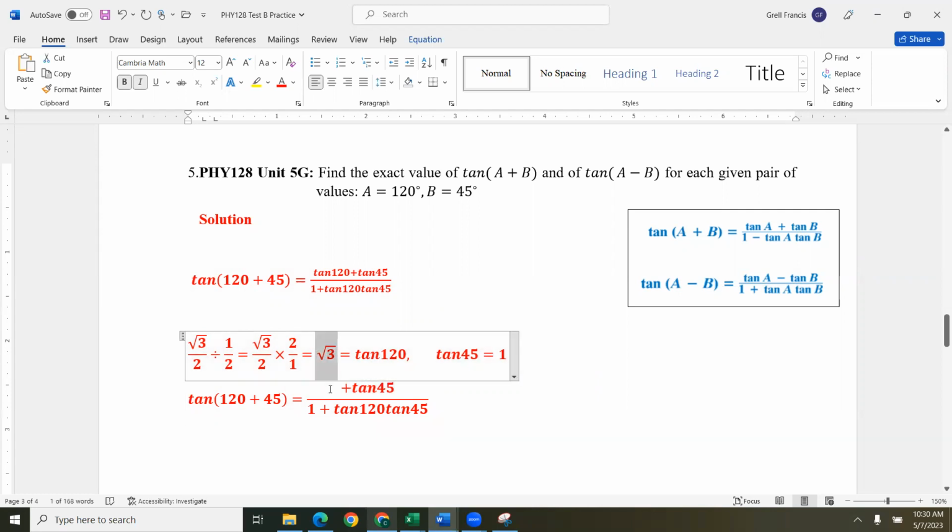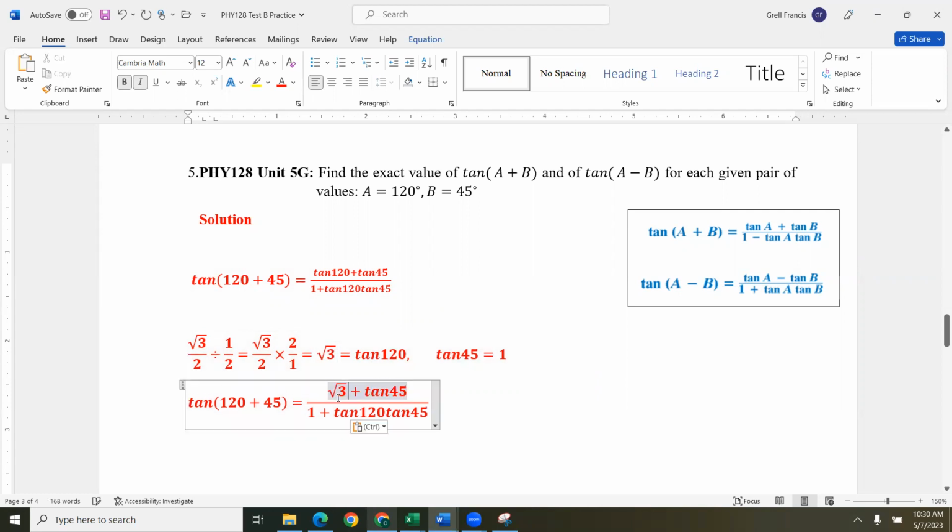So always when we see tan of 120, we put root 3. And always when we see tan 45, we put 1.